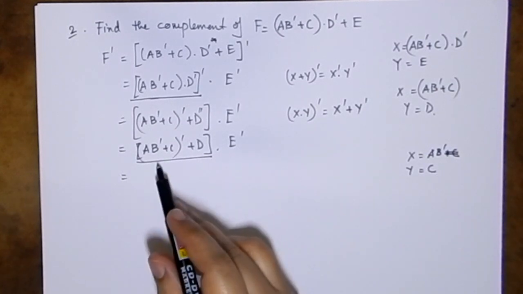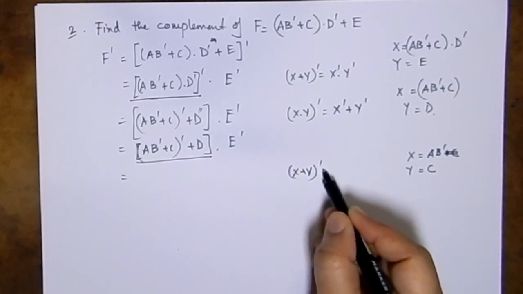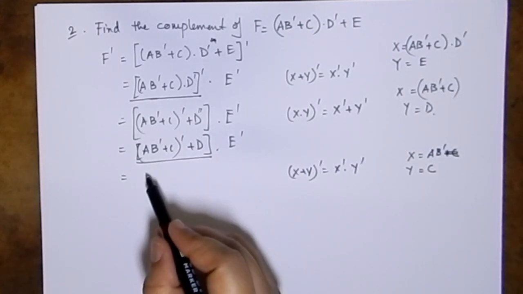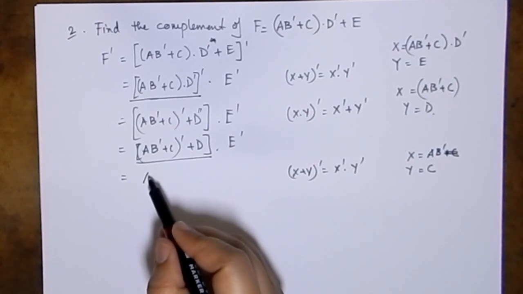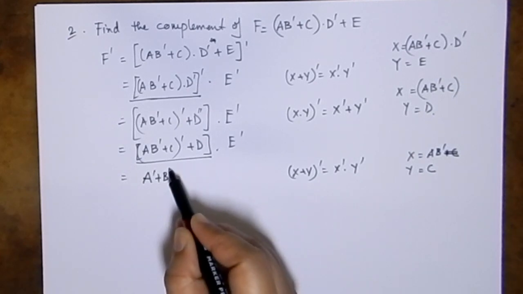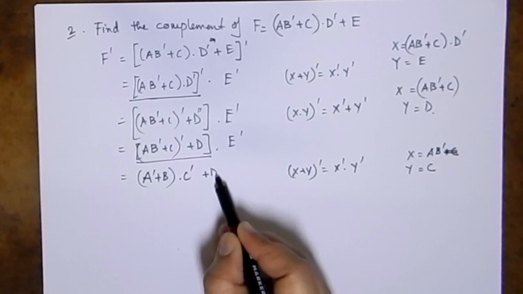Again I will use the law that (x plus y) whole dashed is written as x dashed dot y dashed. So this will be A dashed plus B dot C dashed plus D dot E dashed.